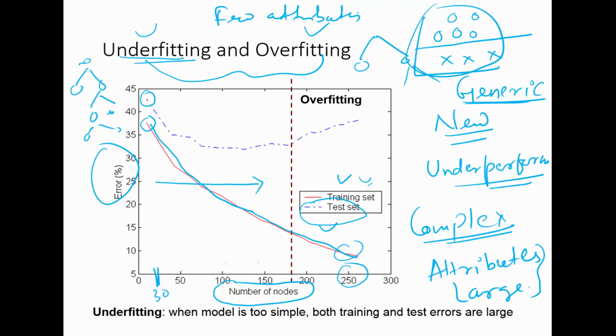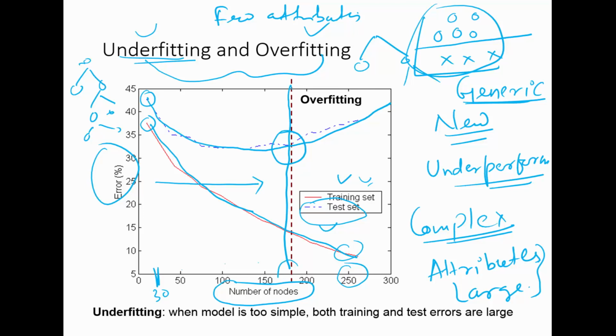You can see that with an increase in nodes, the test error is actually going down, but at one point it is again going up. That means we need to find the optimal. So the optimal is here, this line, right? That's where we get the minimum test error. You need to remember one thing: you need to find the number of nodes at which the test error is minimum.